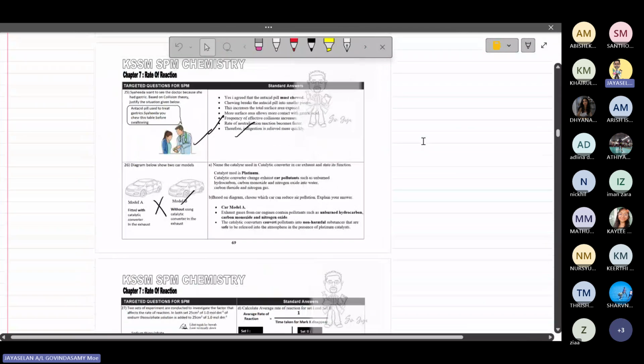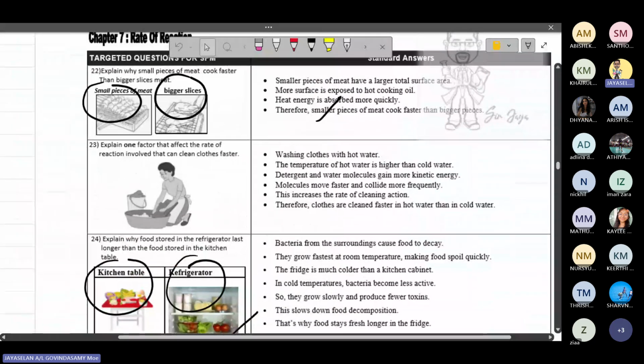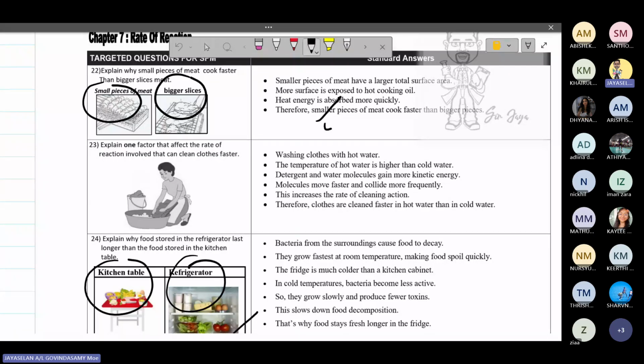Application saya sudah letak semua. These are the application. They give you small pieces of meat and largest meat. They ask. This is the application. Okay, they give you mother wash the cloth with cold water and hot water.